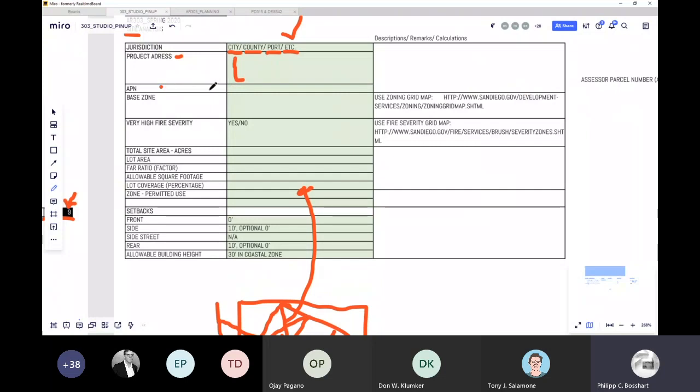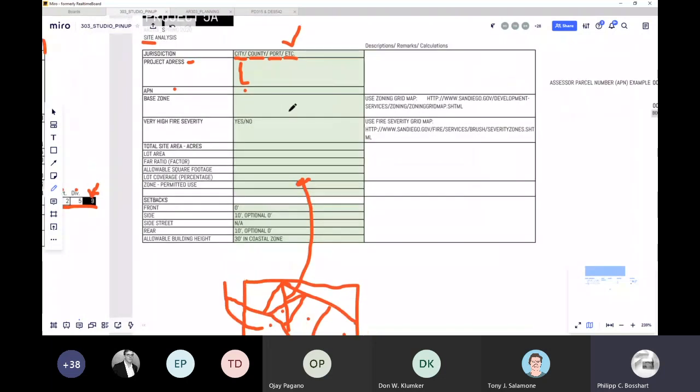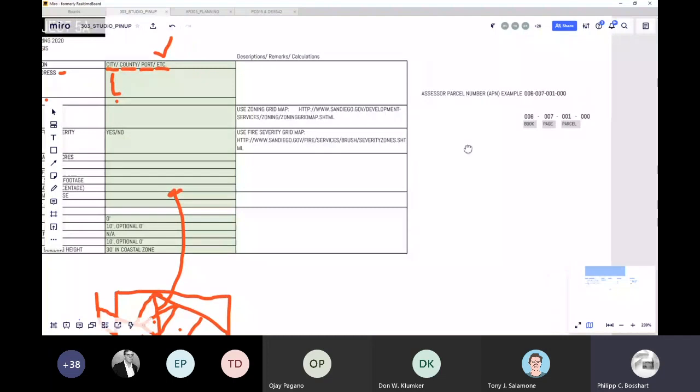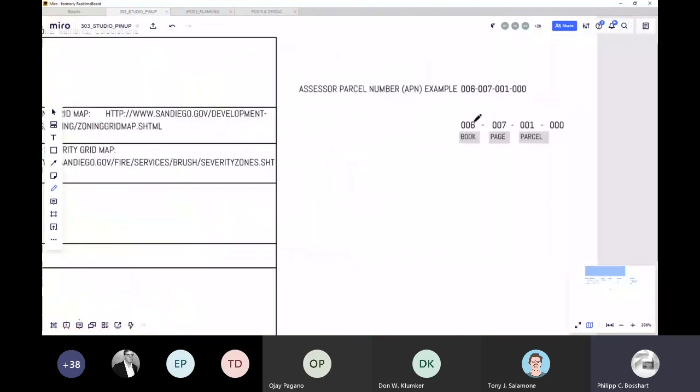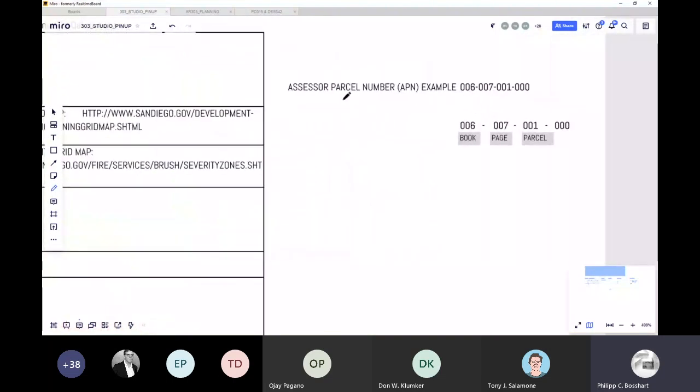Be able to extract an APN number, and that gives you an example of how assessor's parcel maps are broken down. This has to do with an analog archive of this stuff too.